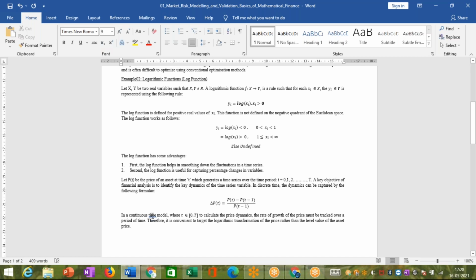So in a continuous time model, where t belongs to this interval, it is convenient to target the logarithmic transformation of the price rather than the level value.